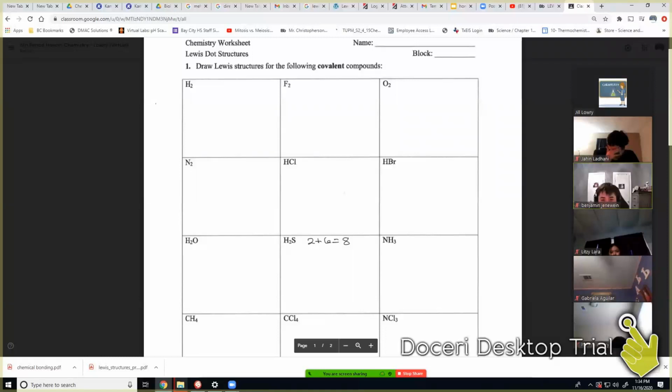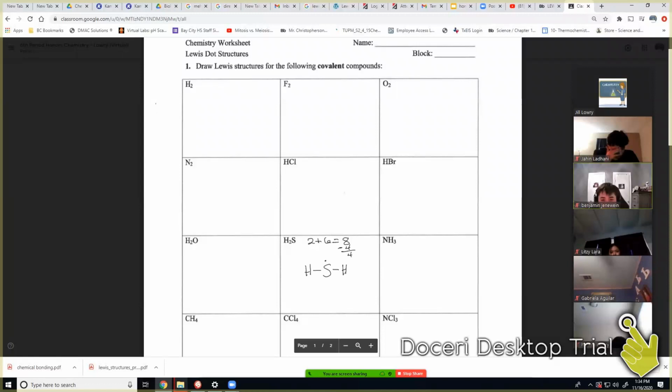Then I have to set it up. Sulfur has to be in the middle because the hydrogens can only have 1 bond. So that means they have to be on each side. So now I'm going to put bonds to them. 2, 4. So that used up 4 of my electrons. I have 4 left. My hydrogens don't want any more.